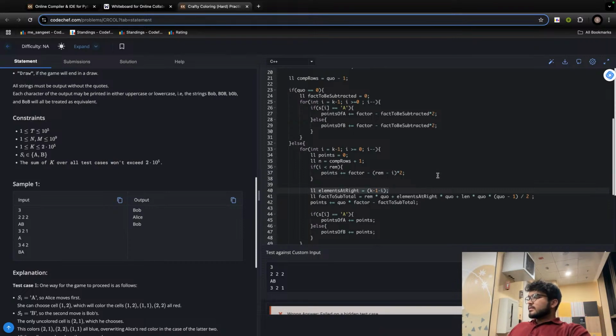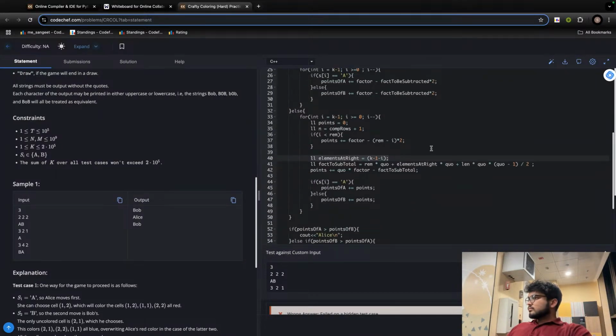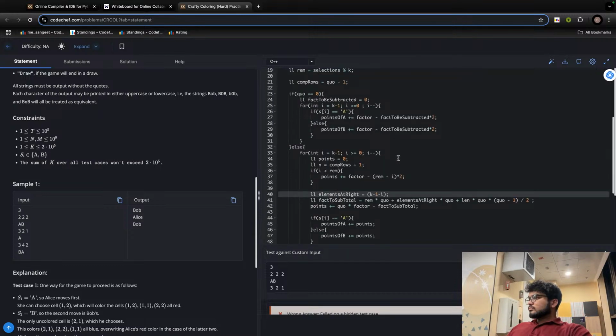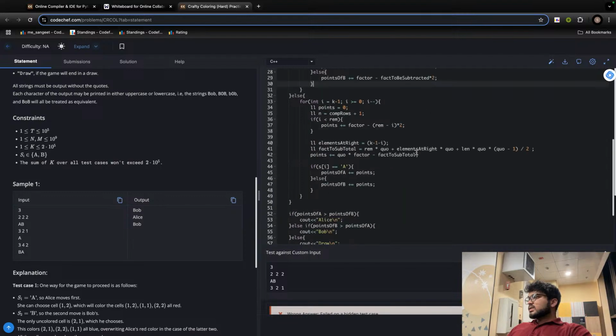Elements at right seems correct. Hmm. If quotient is 0, which means we only have the elements at right.